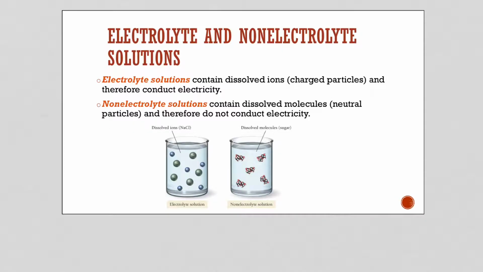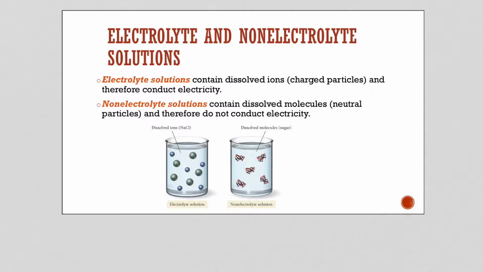At this point, I also want to remind you of a couple of other terms that we referred to back in Chapter 7, when we did the solubility rules, to describe solutions. We describe them as an electrolyte solution or a non-electrolyte solution.